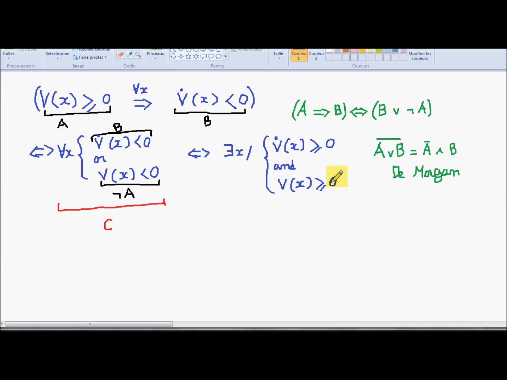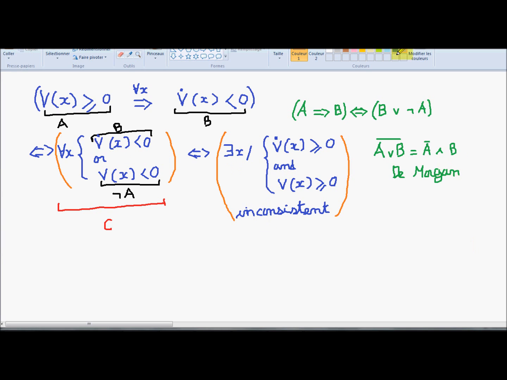So inconsistent. So let me recall that this is true if I have all this. So it means that the negation of this is inconsistent.